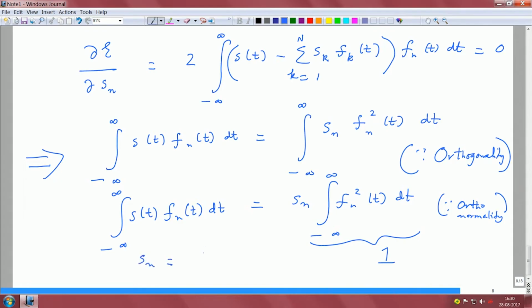Things are now very simple. It is just the inner product of the signal S t with F n t. This is how we would compute S n.